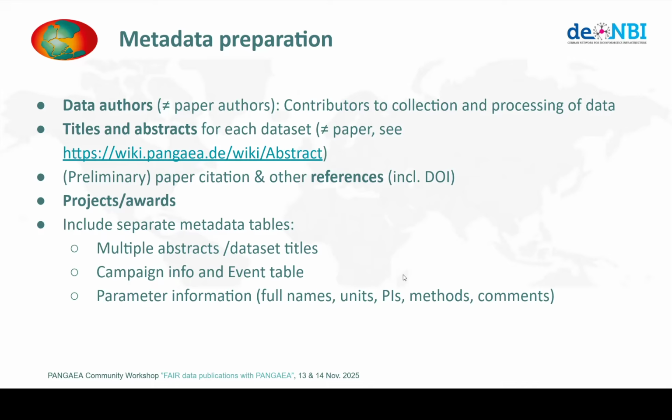You may also include separate metadata titles, for example, in case you have multiple abstracts or dataset titles, if you have a really complex dataset. Also campaign and event information and parameter information like the full parameter names, units, PIs, methods, and comments. And I will show you an example of how this could look later.